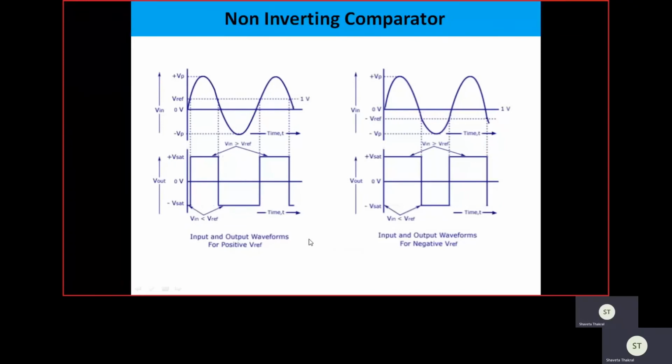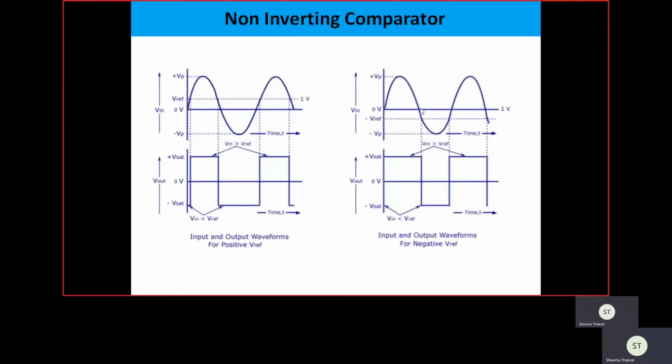And let's say we take the value of the reference voltage as negative, that means V reference is drawn on the negative side, below the x-axis. Here the output signal changes, because the input from this point to this point, that is from 0 volt to this particular point, is greater than V reference.